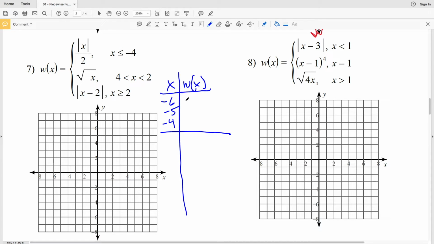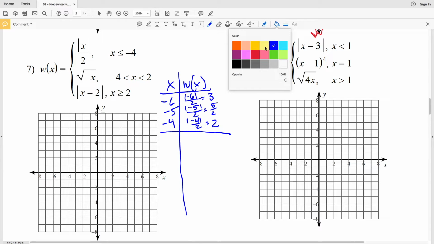So entering in negative 6, I'll have the absolute value of negative 6 over 2, which is a positive 6 over 2, which equals 3. Then, for negative 5, I'll have the absolute value of negative 5 over 2, which equals positive 5 over 2, so 5 halves. And then finally, for negative 4, I'll have the absolute value of negative 4 over 2, which will equal positive 2, since the absolute value of negative 4 is positive 4, and 4 divided by 2 equals 2.